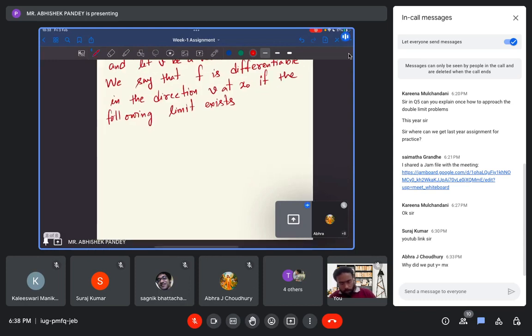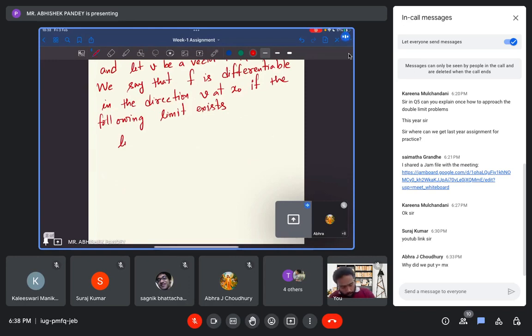So what is the following limit? Limit t tends to 0, f of x naught plus tv minus f of x naught upon t. Okay, so if this limit exists, we say that f is differentiable in the direction v at x naught.